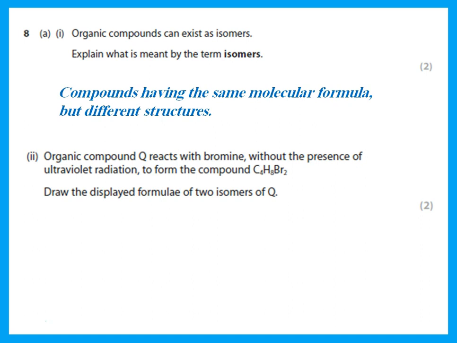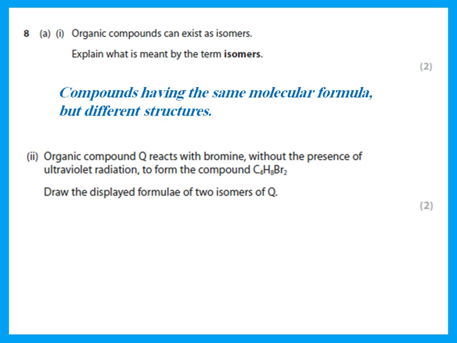Organic compound Q reacts with bromine without the presence of UV light to form the compound C4H8Br2. Now, that tells me that you're adding to the molecule, adding two bromines. You don't need UV light. That means Q is not an alkane, it is an alkene, and it is an alkene with 4 carbons.